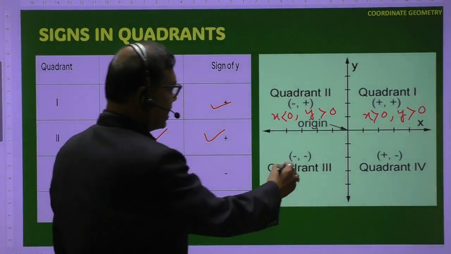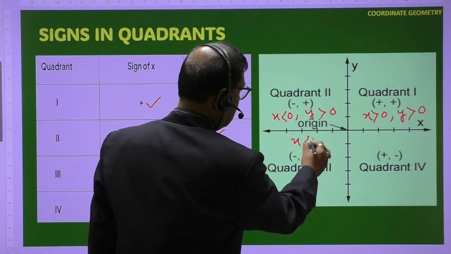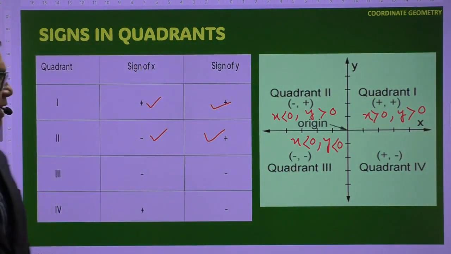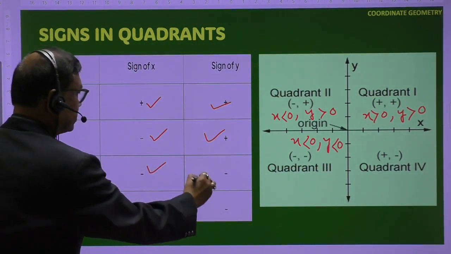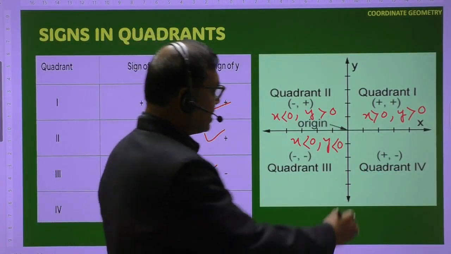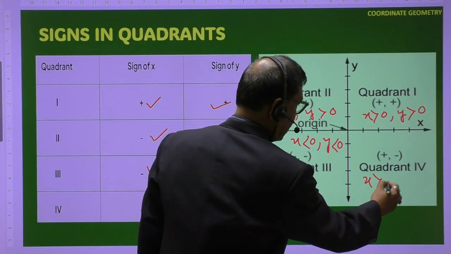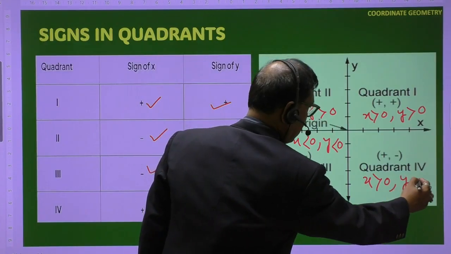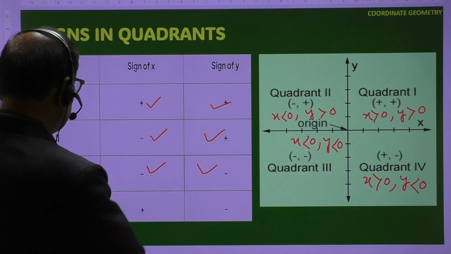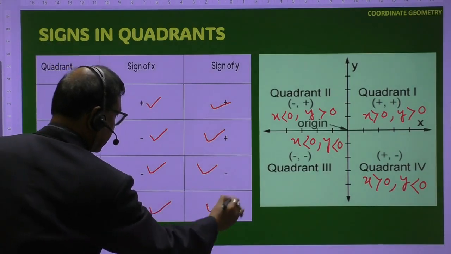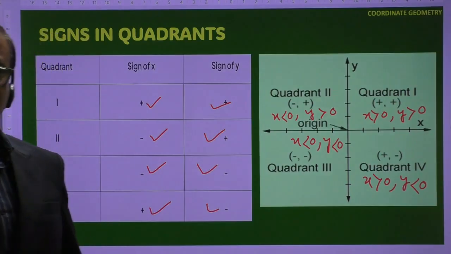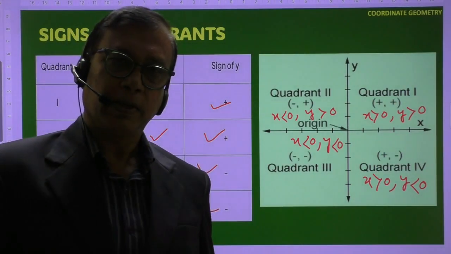In the third quadrant, x is less than 0 and y is also less than 0. Both are negative. So minus, minus. Now in the fourth quadrant, x is positive, x greater than 0, but y is less than 0, that is negative. That's why here plus, minus. So this is signs in quadrants. Students, I think this part is clear.